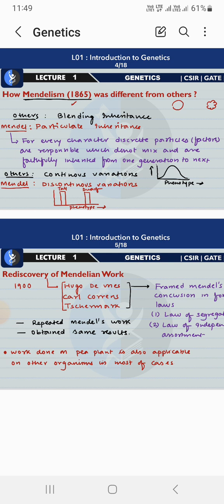It means Mendel says that for every character shown by a species, there are discrete factors responsible for that particular character.